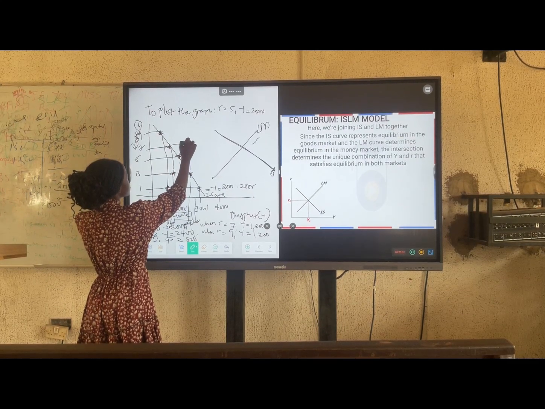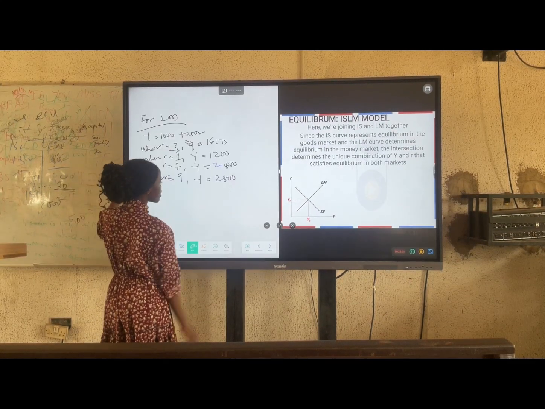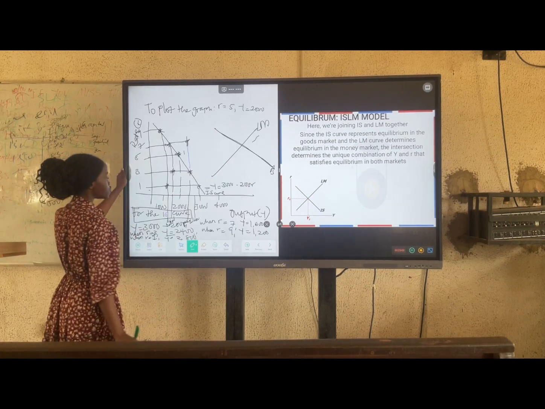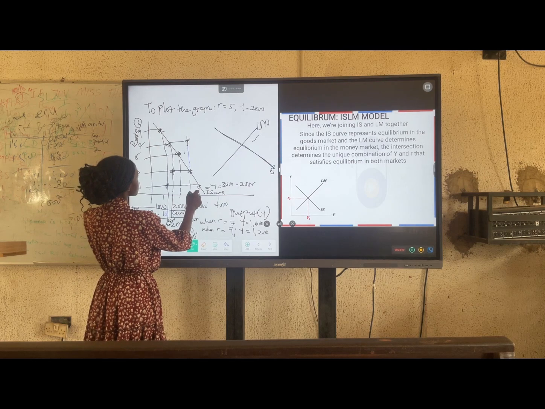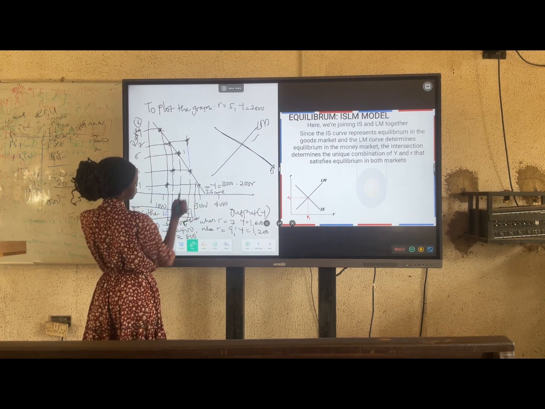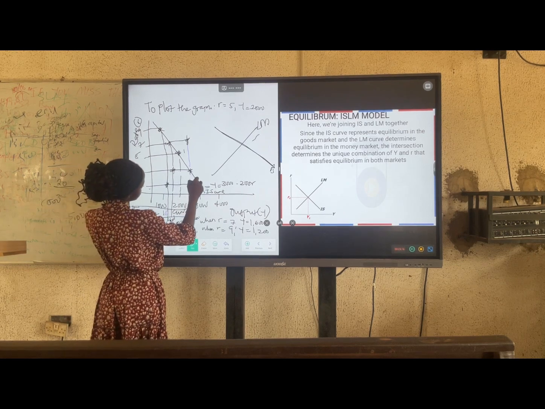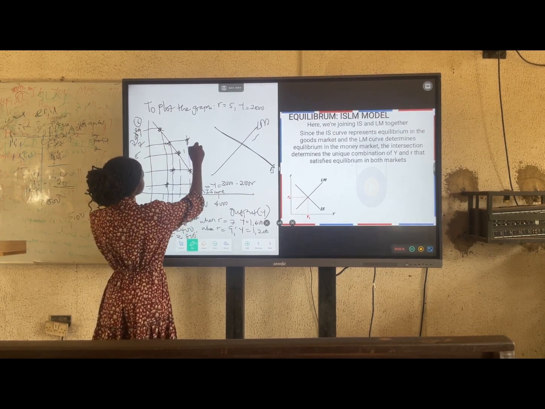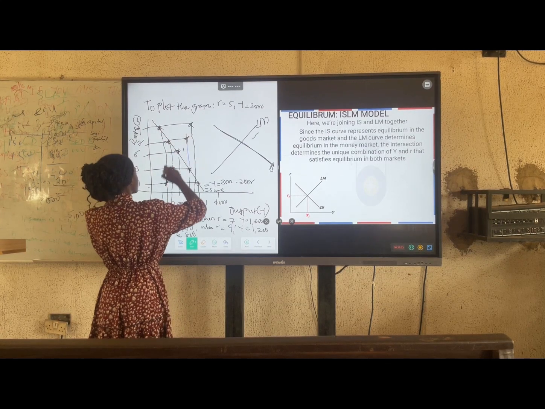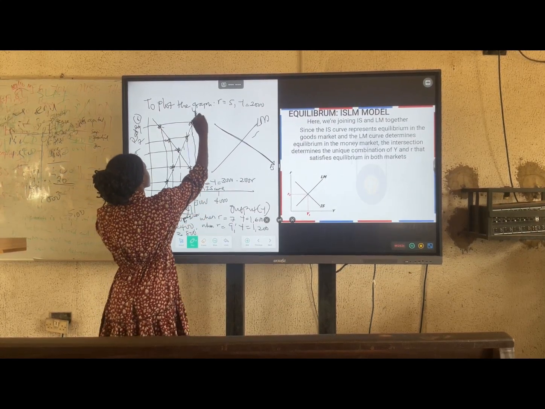When R is 9, we have our Y to be 2800. Yes, so that's our LM curve. That's basically it.